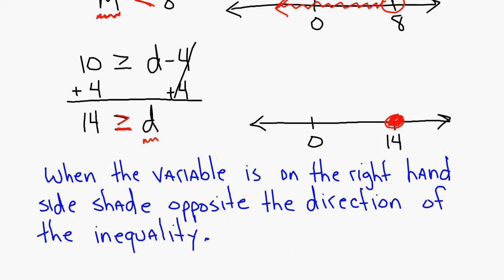So we're shading opposite the direction of the inequality. The inequality is pointing right, so we're going to shade to the left. Really important. Very important. And the variable's on the right-hand side, shade opposite. Everybody understand that? Okay.